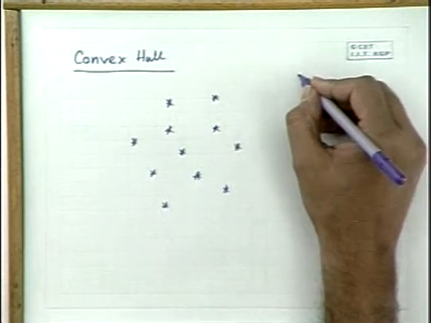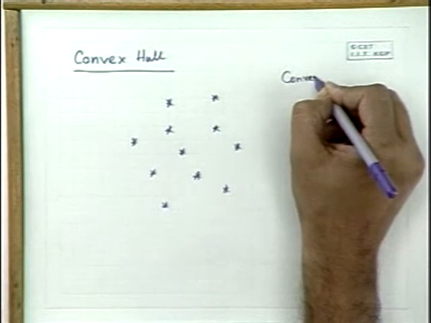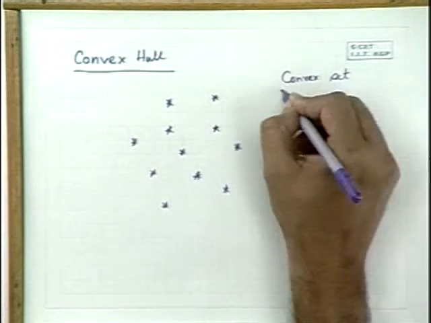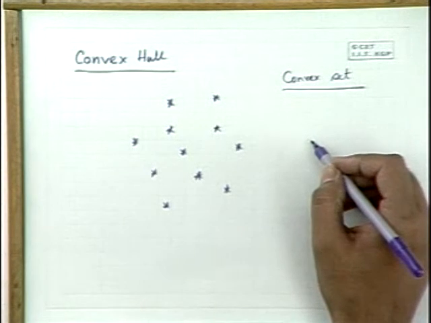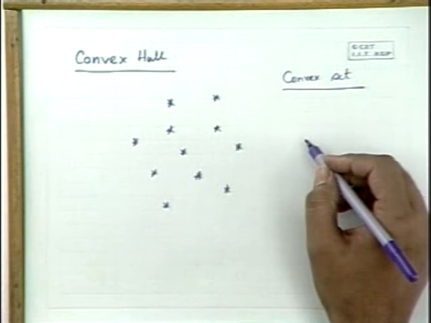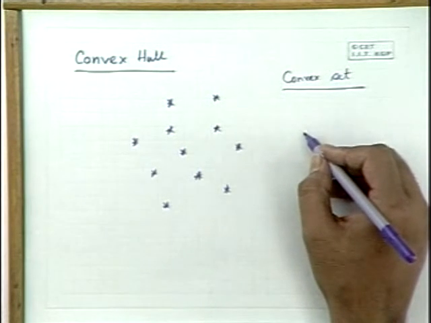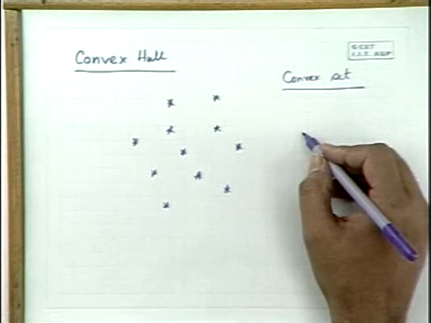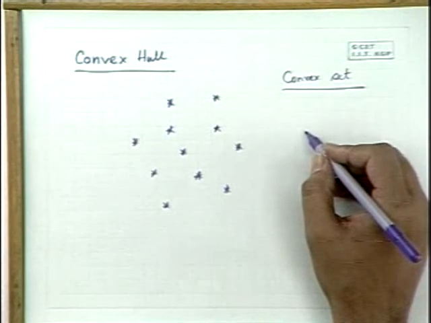But first let me define what is a convex set. A convex set in the plane is a subset of the plane such that if you take any 2 points in that set, the entire line segment lies within that set. That is the definition of convexity.